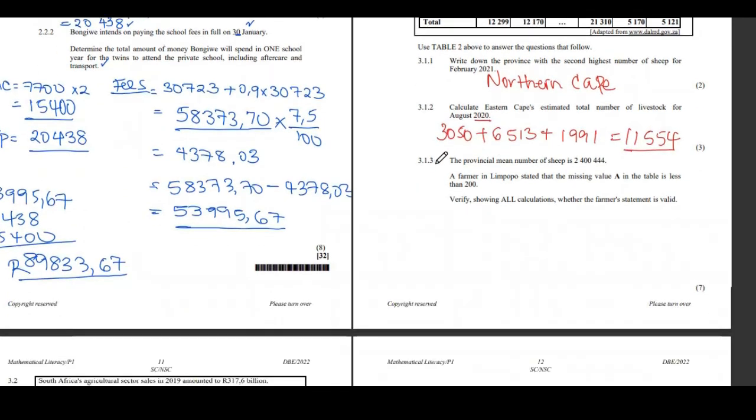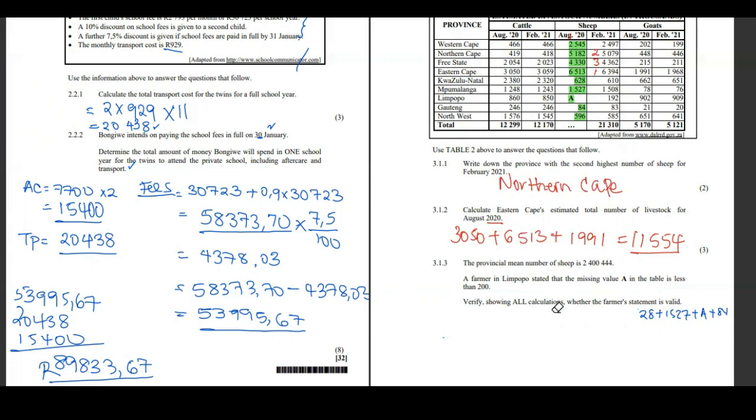7 marks, 3.1.3. The province... Add all the numbers plus the unknown. Definitely the unknown won't give you an answer because you don't know it yet. So we shall add and we are saying 254 plus 5,182 plus 330 plus 6.